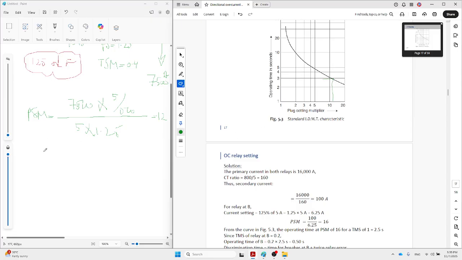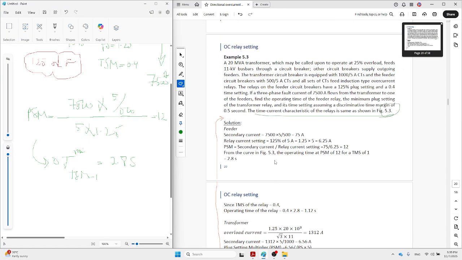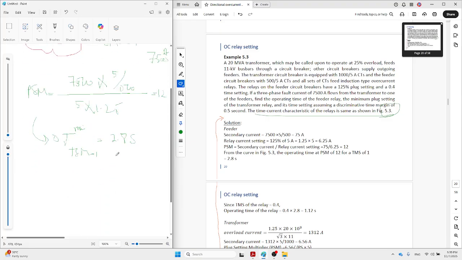Something around 3. So assume using the graph, the operation time for TSM equal to 1 for the main relay is 2.8 seconds. So we need it for 0.4, correct.